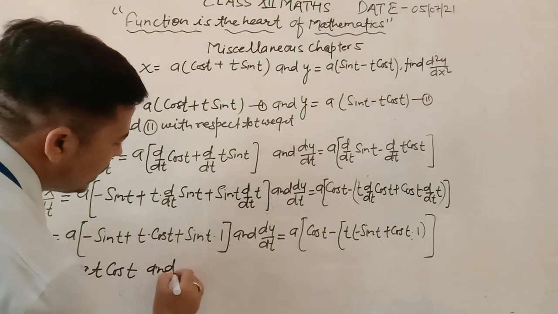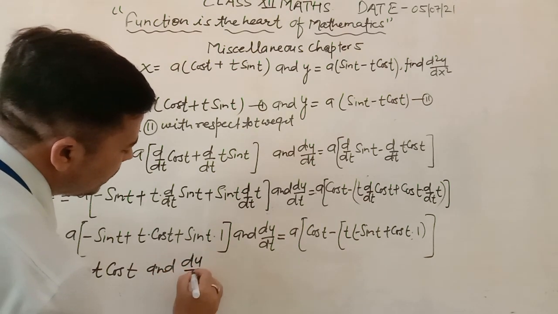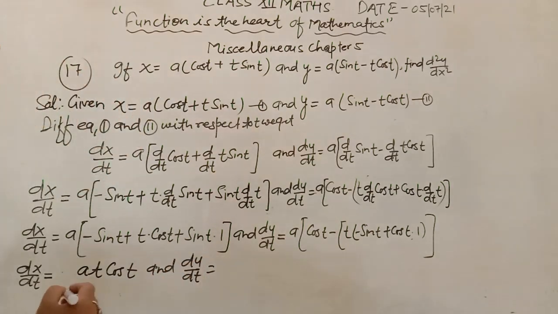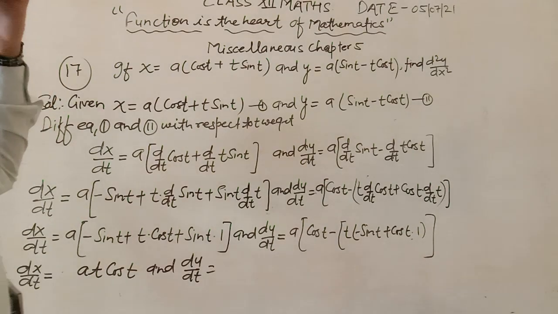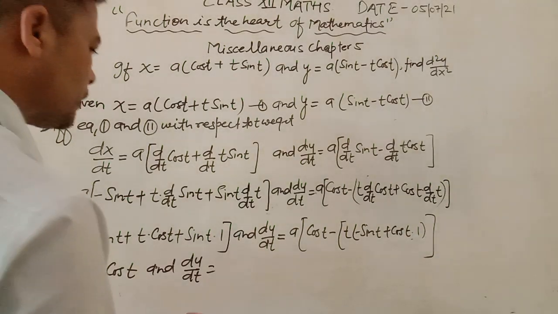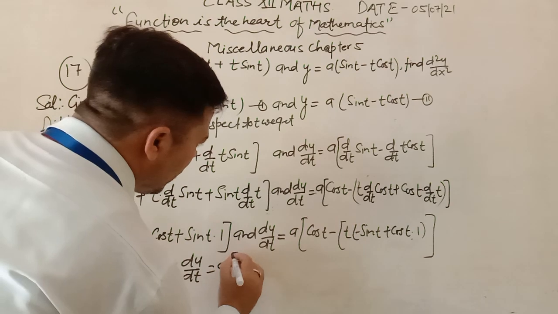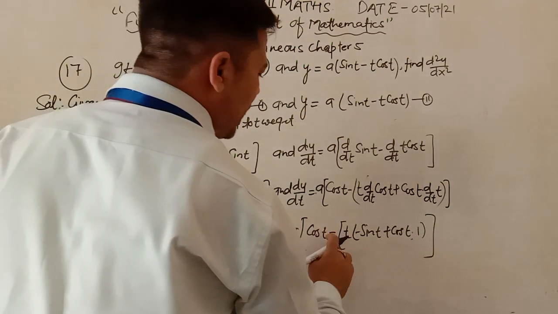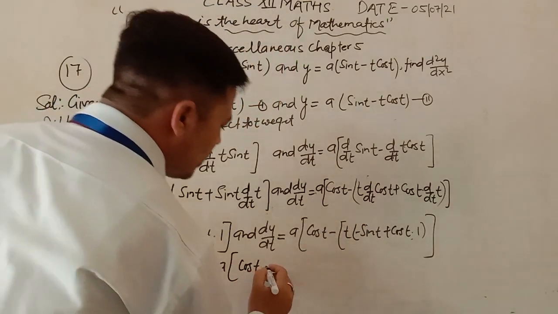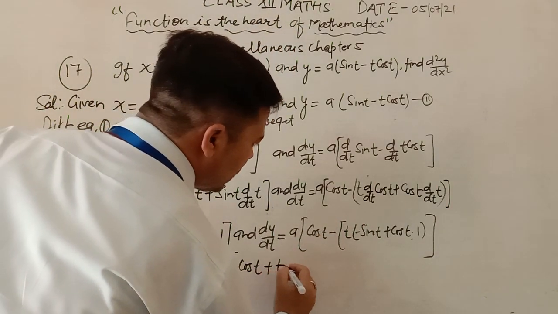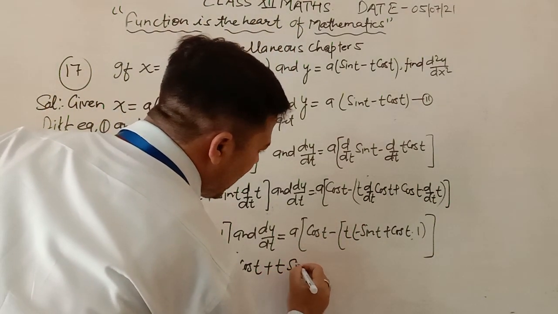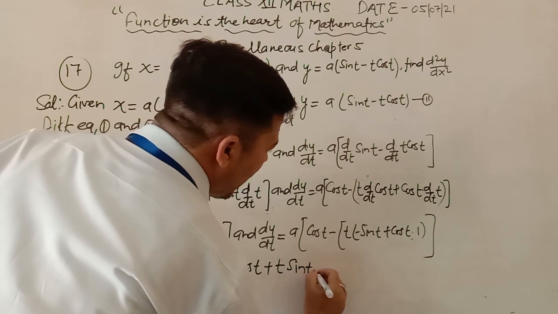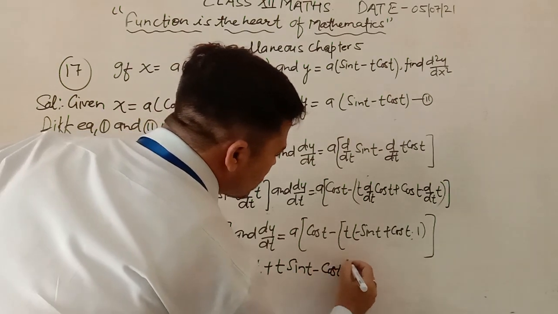And dy upon dt is equal to a, cos t minus minus plus plus t sin t minus cos t.